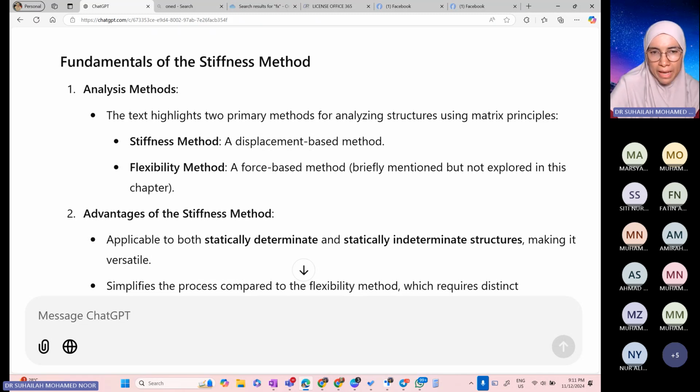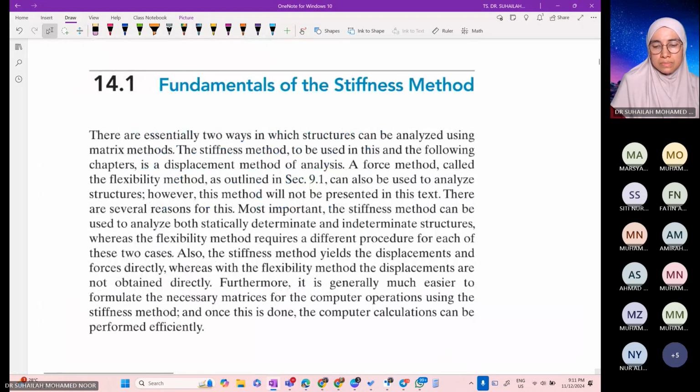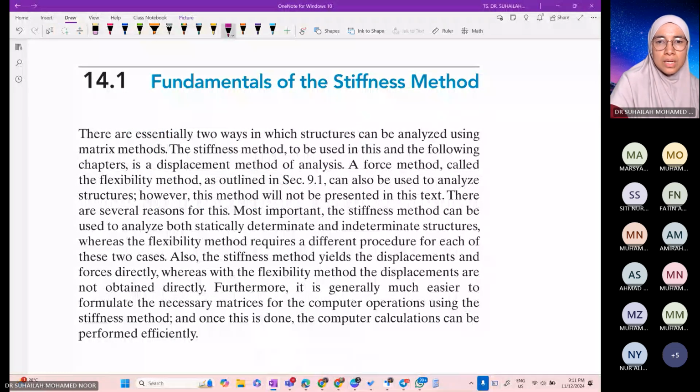That is why it compares them. It highlights here that stiffness method is a displacement-based method, and flexibility method is a force-based method. Stiffness method is the displacement method, flexibility method is the force method.